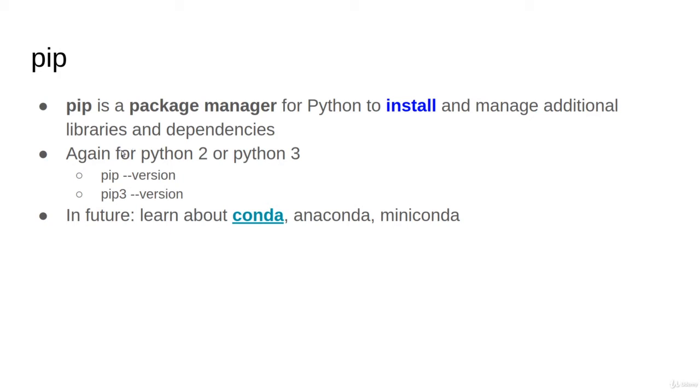Similar to Python, there is pip for Python 2 and there is pip3 for Python 3. In future, there is a stronger way to support real-life projects, what we call virtual environments, and Conda is one of the very popular directions for that, with Anaconda and many Conda tools. You don't need to care about that for the moment, but feel free to Google and learn about it.